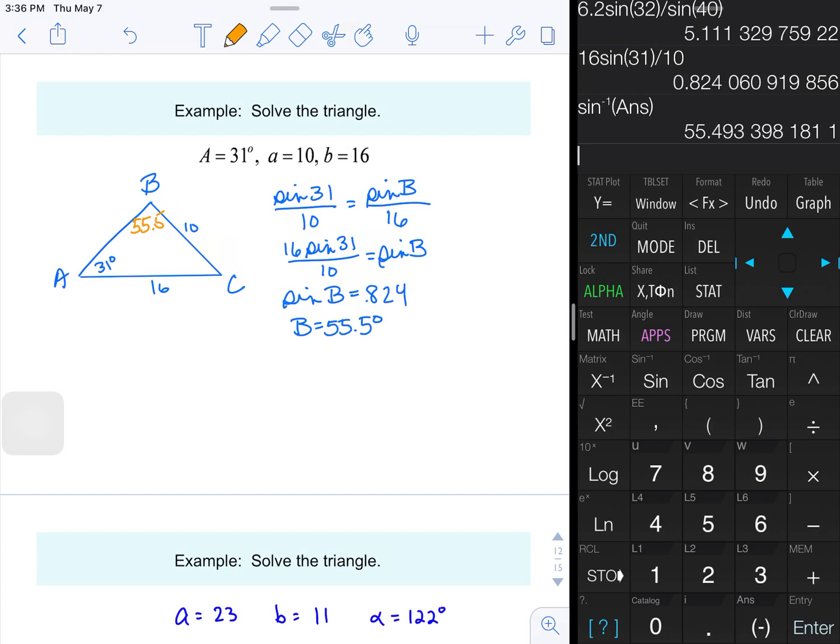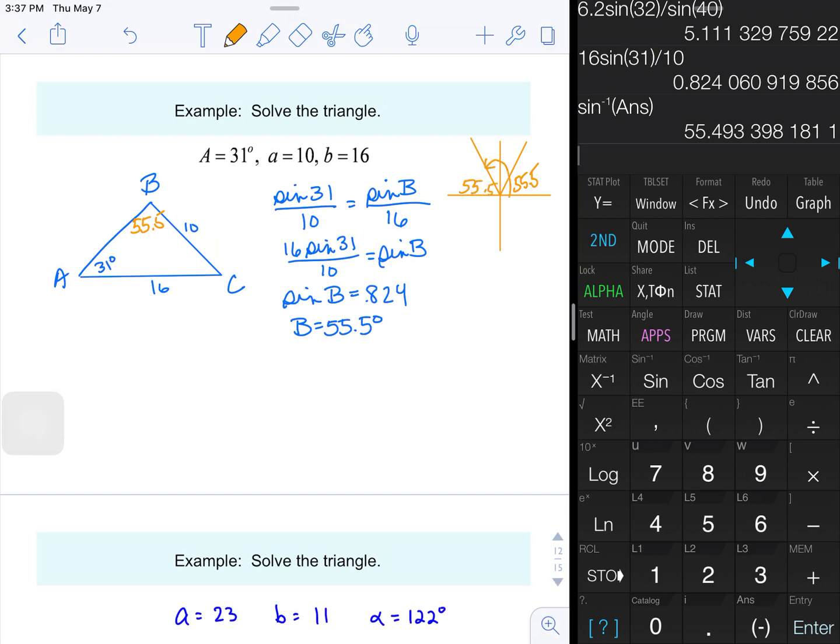Think back to when you were solving trig equations. Sine is positive in the first and also in the second quadrants. So this 55.5, I will have a solution in the second quadrant that satisfies my equation with that same reference angle.